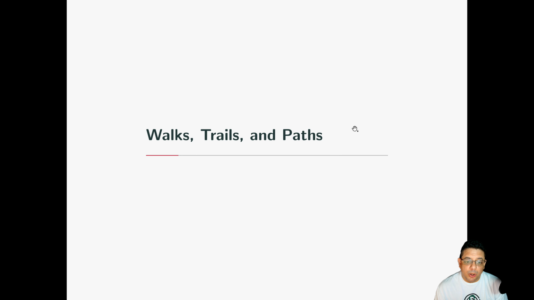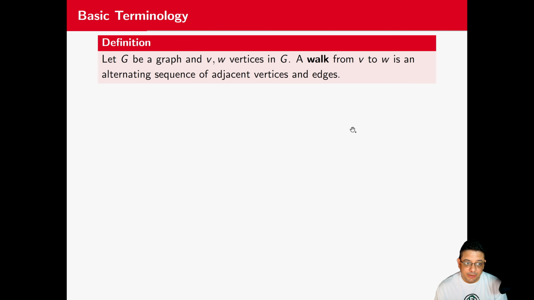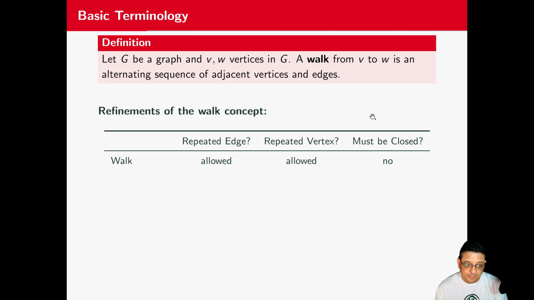Now let's talk about walks, paths, and trails. If we take a graph G and V and W are vertices in G, a walk from V to W is an alternating sequence of adjacent vertices and edges. So let's see some definitions with respect to this.